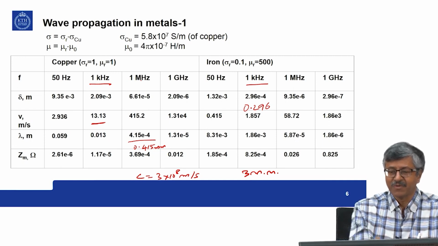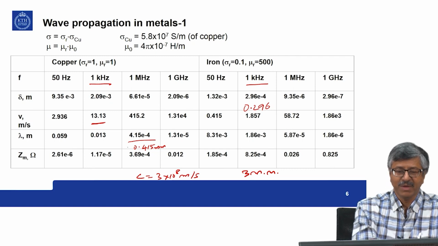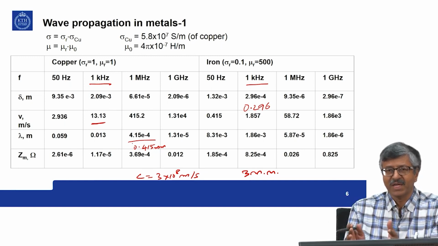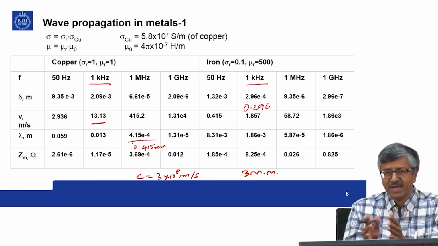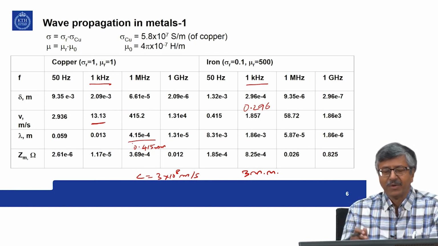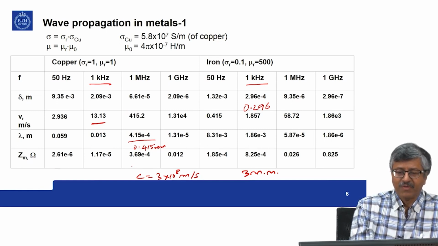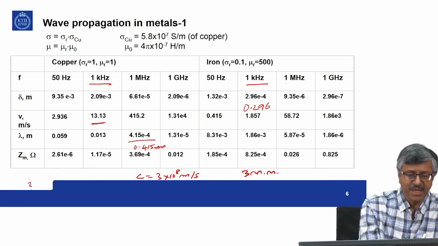The reasoning comes from this. You have extremely low value for lambda, and even a reasonable thickness of shield can be electrically significantly long. The impedance is extremely small. The free space impedance is 377 ohm.